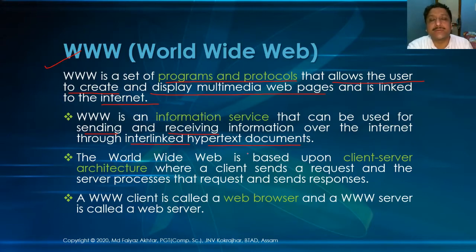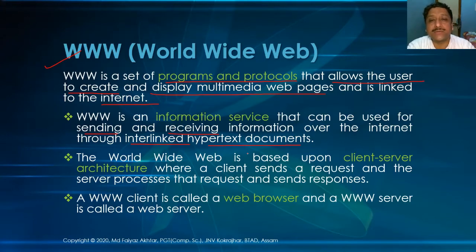Interlinked hypertext documents means, using a browser, any Google Chrome, any Internet Explorer, whatever we browse on these browsers are known as multimedia web pages, and those have many buttons, many clickable words. When we click on that particular word or picture, it will open another page, or it may download some files to our computer.